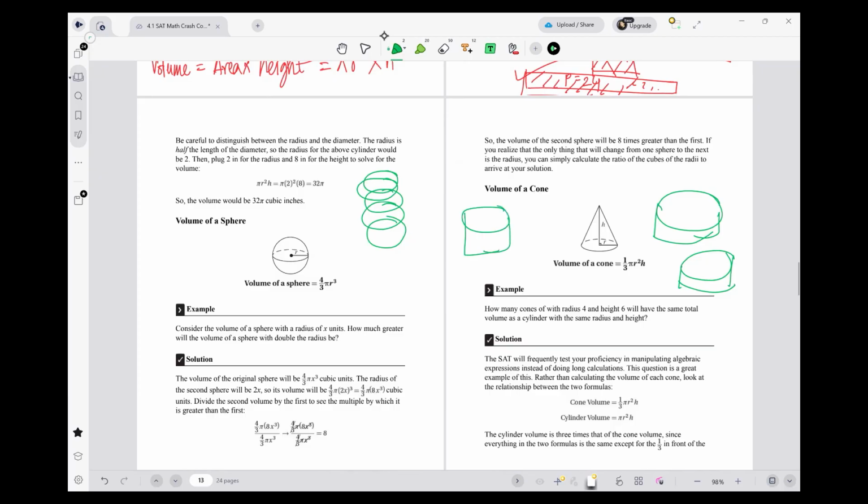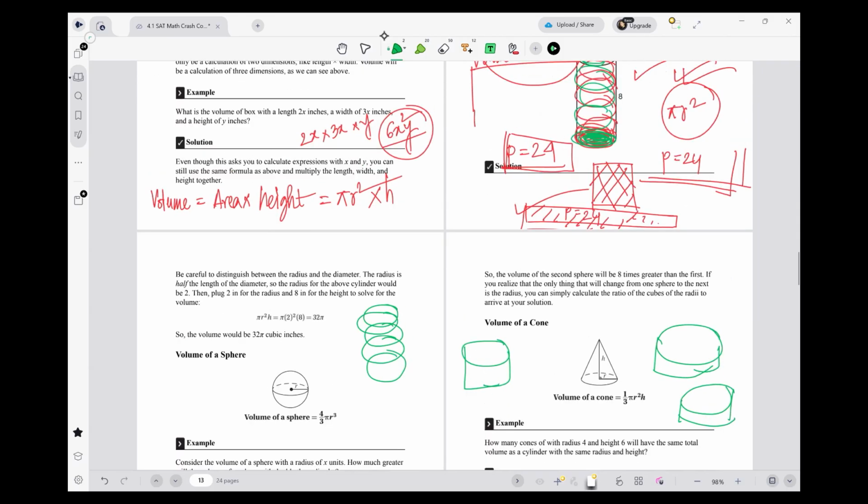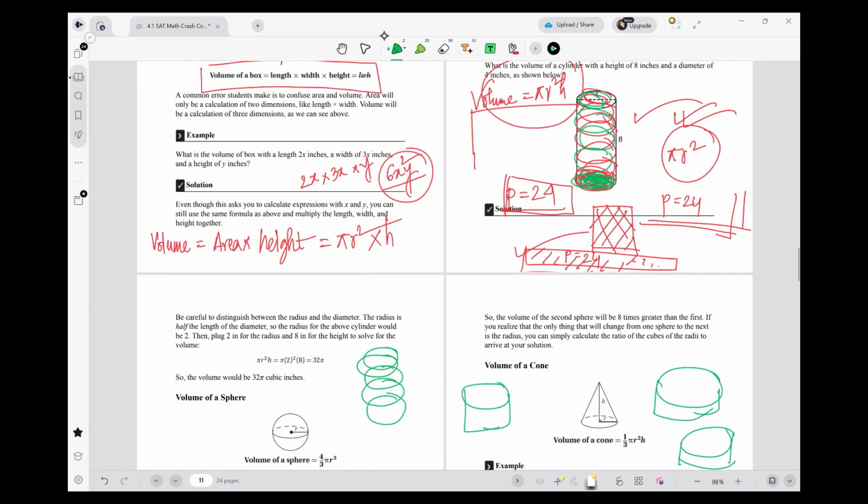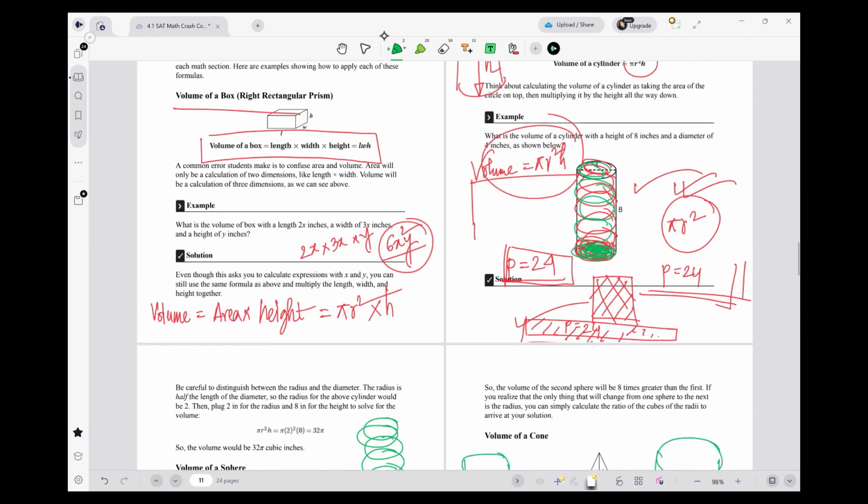So what I'm basically doing is trying to make you understand that a cylinder is such a kind of 3D object in which we are putting one circle after another, an infinite number of circles within a given height.